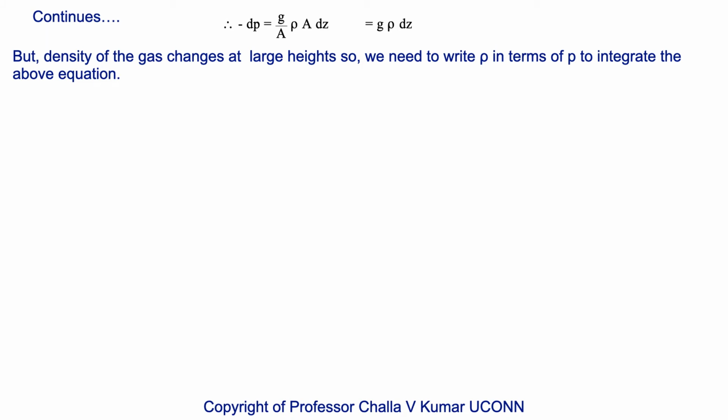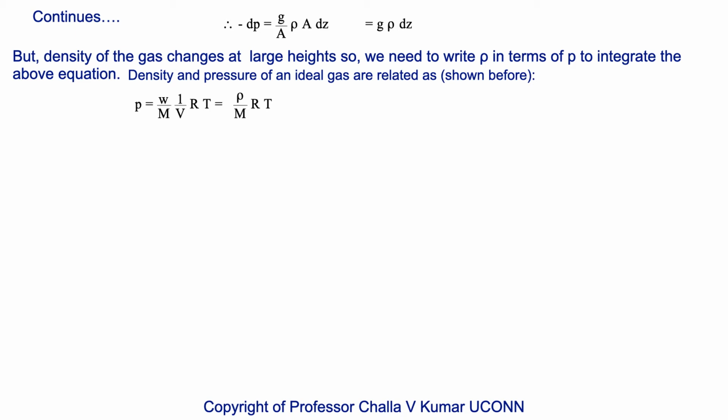Since the gas density changes as we travel from the bottom of the column to the top, or anywhere in between, we will explicitly write density as a function of pressure, which we have done before, as I mentioned. Just to recall, we wrote PV equals RT. From that, we wrote rho equals W over V, that is n, the number of moles, times M over V, which gives P over RT.